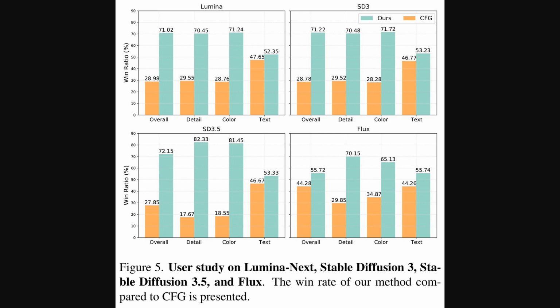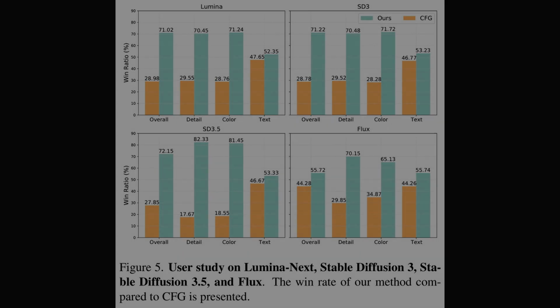People rated them based on overall quality, detail, color, and text alignment. And you can see pretty clearly, users consistently preferred the images generated with CFG-Zero, often by quite a large margin, especially for detail and color fidelity on models like SD 3.5.